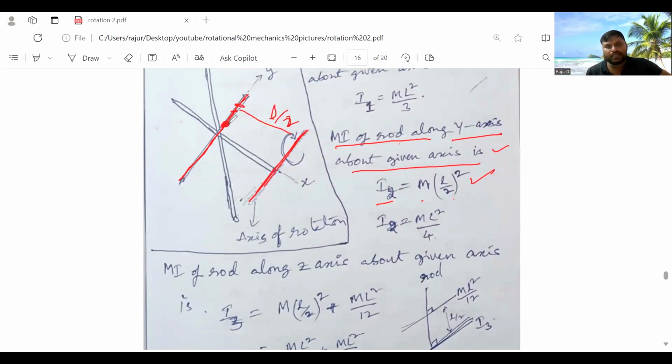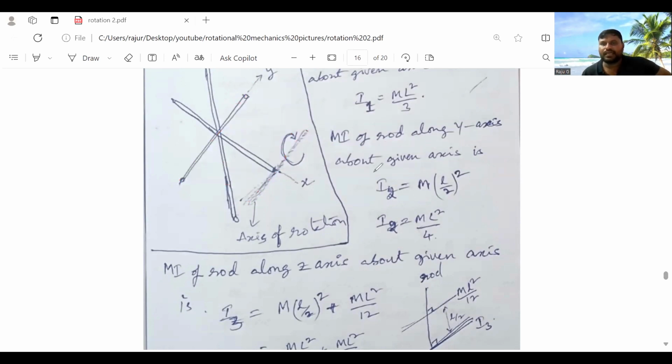Every element of this rod is L by 2 distance away from the axis. Therefore, the moment of inertia of the rod along the y-axis about the given axis is I2 equal to m into L by 2 square. I2 is equal to ml square by 4.